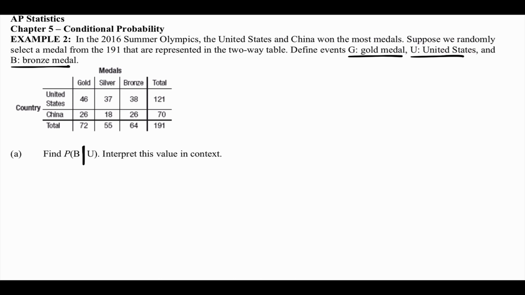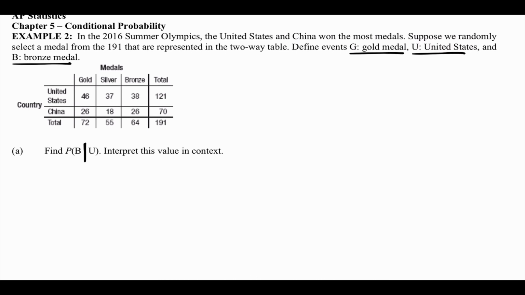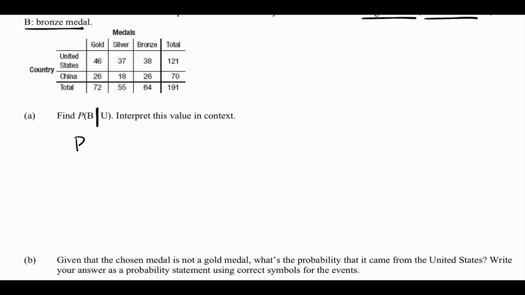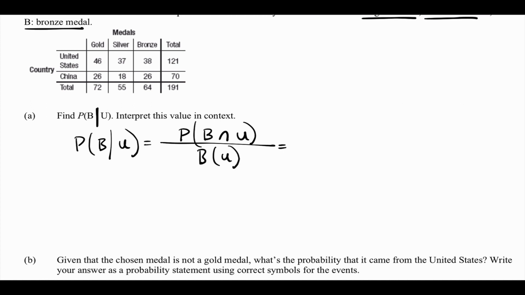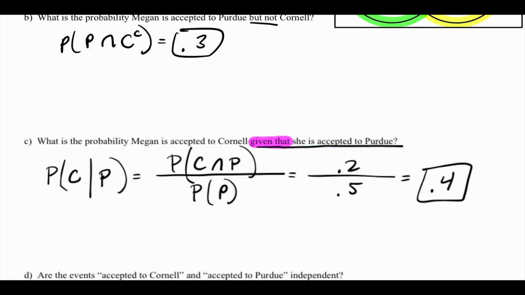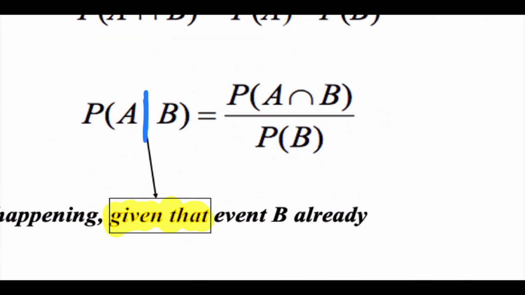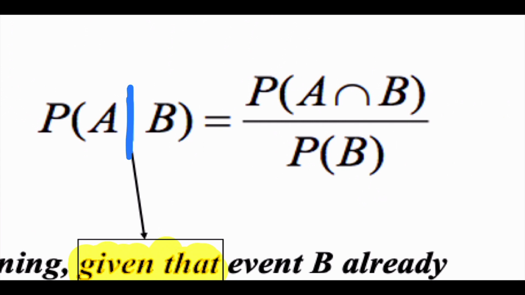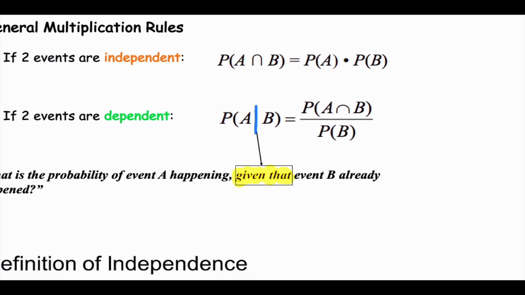Change A's and B's for B's and U's: probability of B and U over the probability of U. Anywhere I saw an A in my original formula, I changed that with a B. Anywhere I saw a B, I changed that with a U, because those are the letters they want me to use.